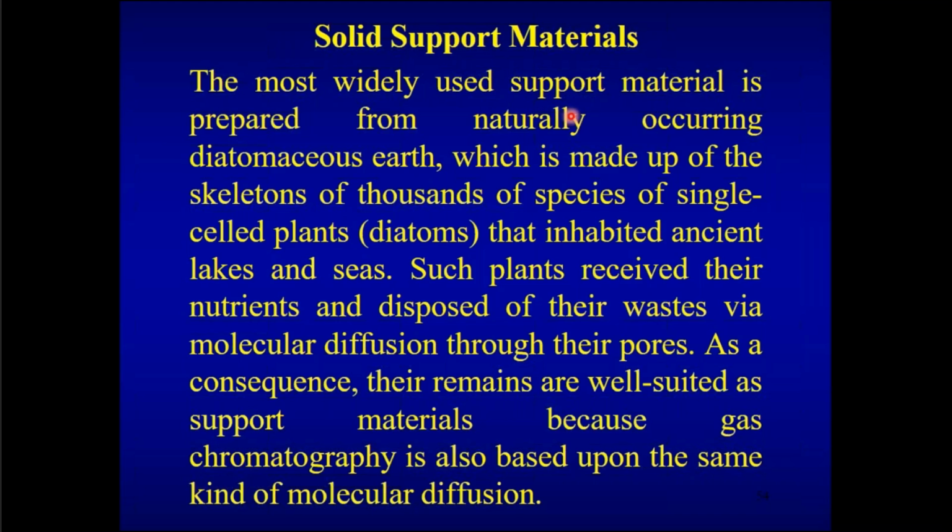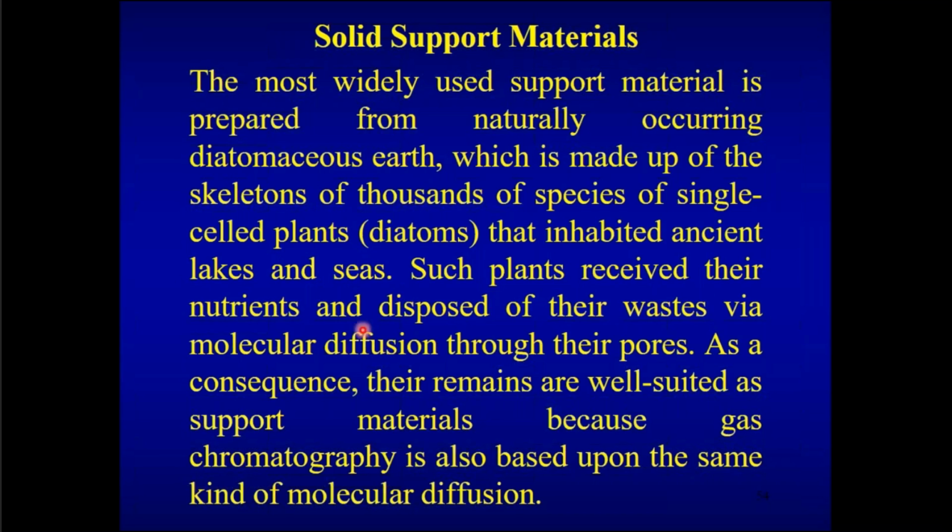The most widely used support material is prepared from naturally occurring diatomaceous earth, which is made up of the skeletons of thousands of species of single-celled plants, which are called diatoms, and hence the name diatomaceous earth. These single-celled plants inhabited ancient lakes and seas.